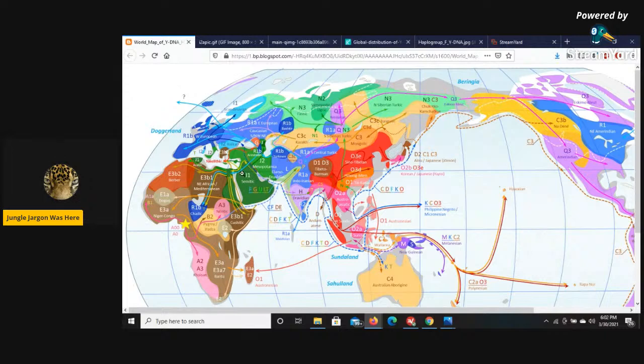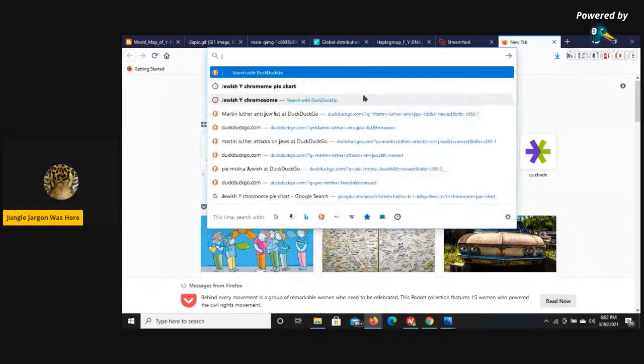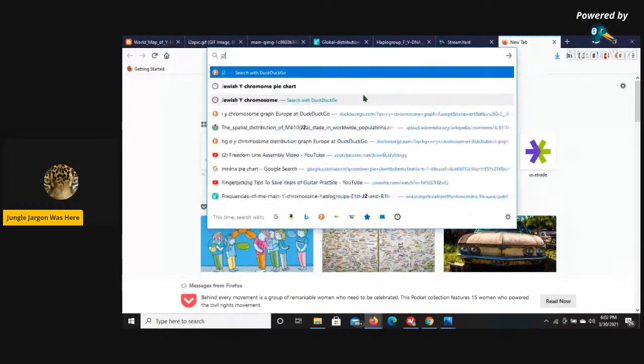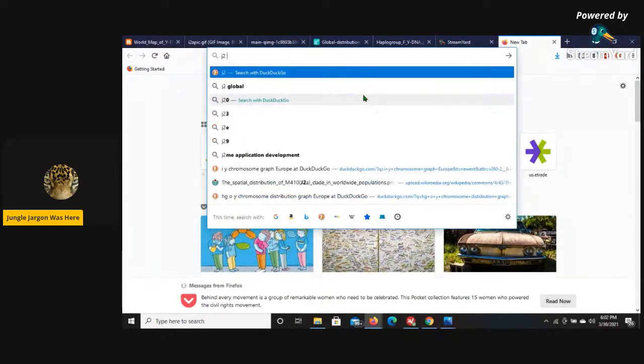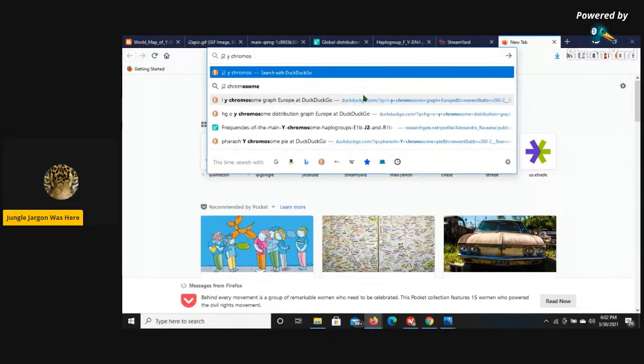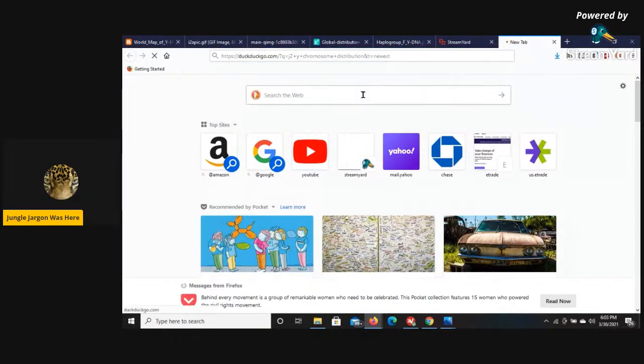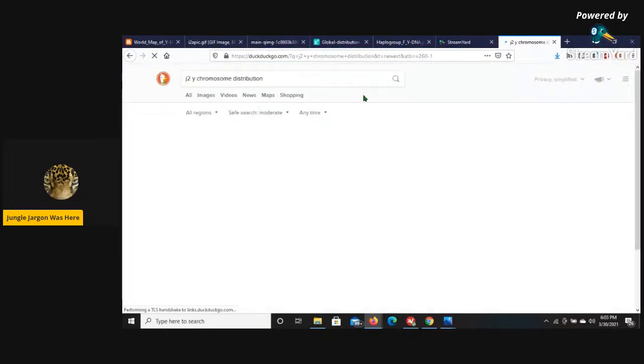It's kind of like the same thing, because if we go look here, okay, go to the images.